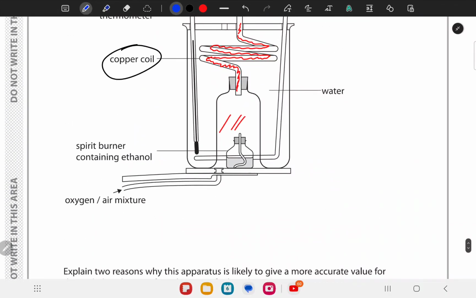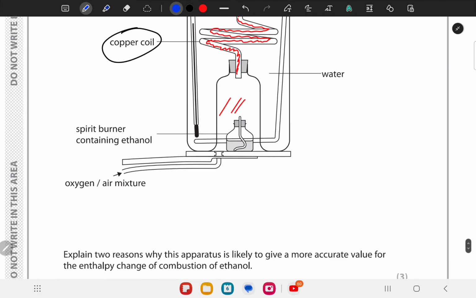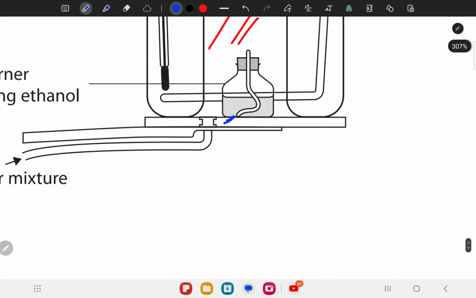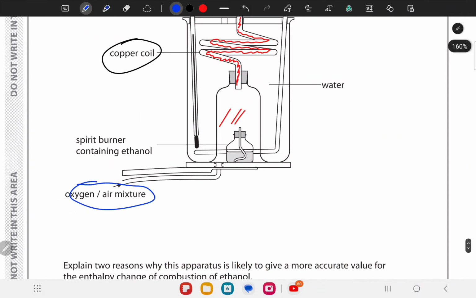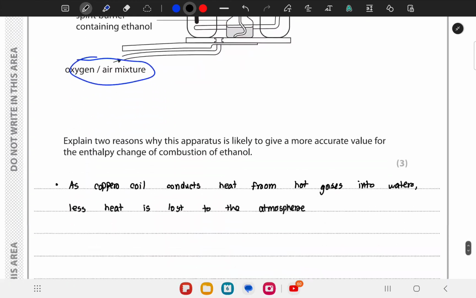And also we have this oxygen air mixture which is going into this spirit burner over here. This mixture, this air with oxygen, will cause the apparatus to have a higher supply of oxygen, which would result in a higher rate of complete combustion.